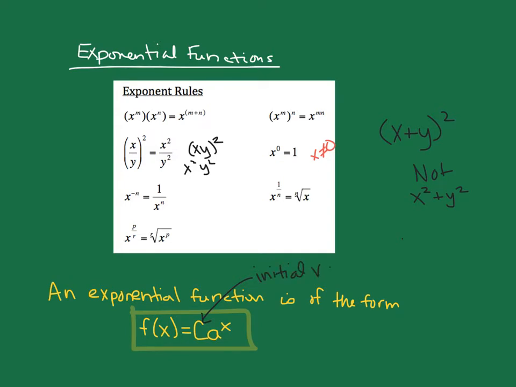The reason I call that the initial value is because if you were to set x equal to 0, you would actually get C as your answer, because you would have an exponent of 0, so it would be C times 1. So that's my initial value. My A is called my growth factor. And actually the x usually is, not always, but usually is going to represent time.